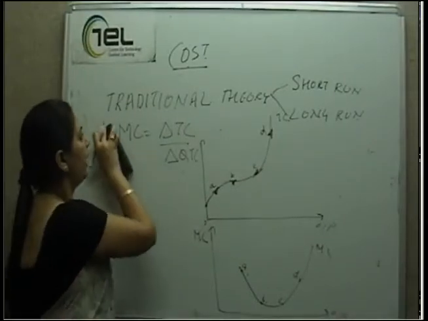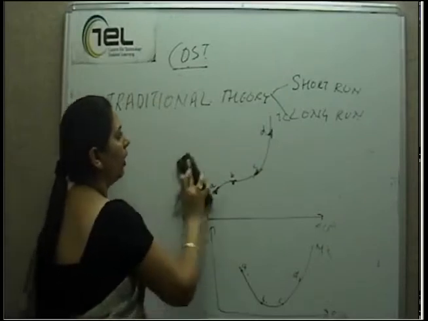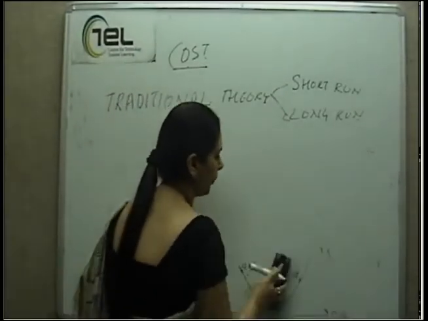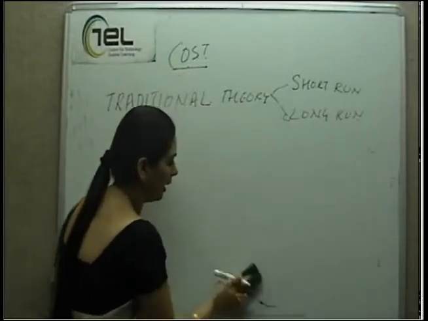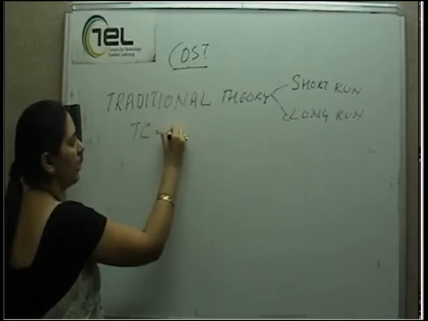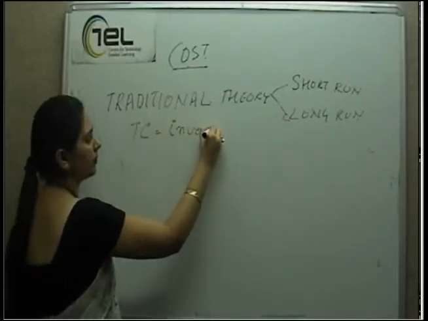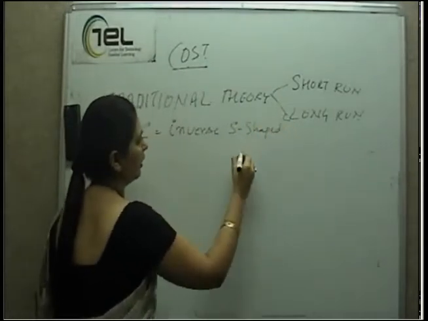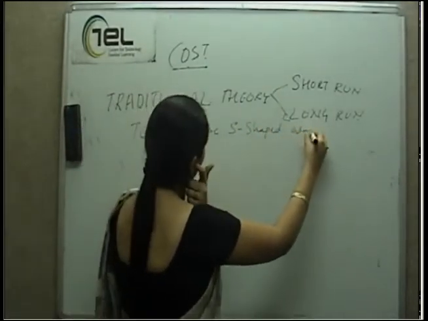Now, if I would like to summarize what all diagrams of the short run we have done till now, I would say that my total cost curve was an inverse S-shaped curve which was above the origin.